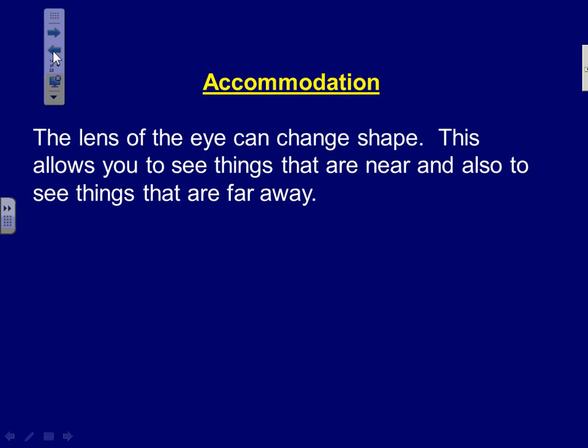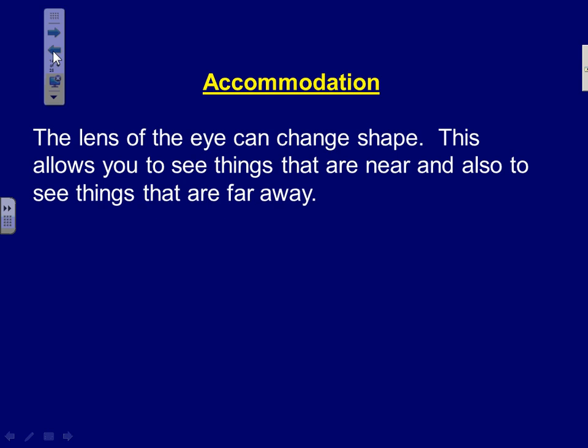Now look up at something that's far away, and then look back to your finger, and then look up at something that's far away. I'm hoping you notice that there's a small point in time. It takes a little bit of time for your eyes to adjust to the far away thing. Have you noticed that? It's close, and then I look up. It's blurry for a brief moment, and then things come into focus.